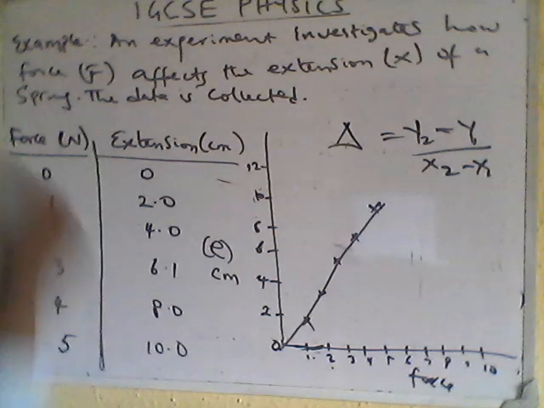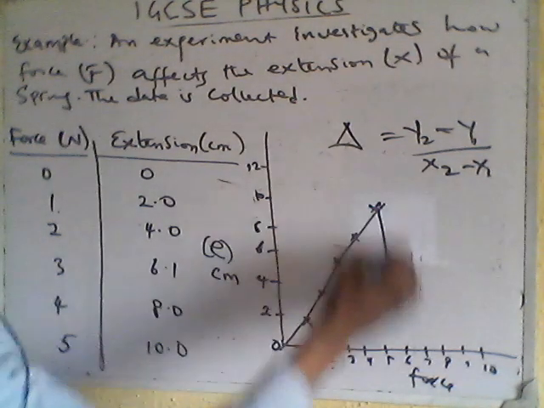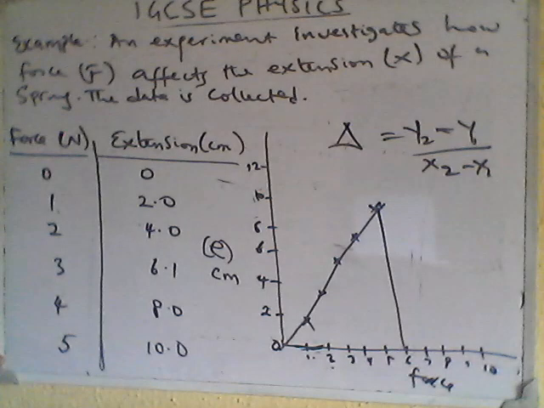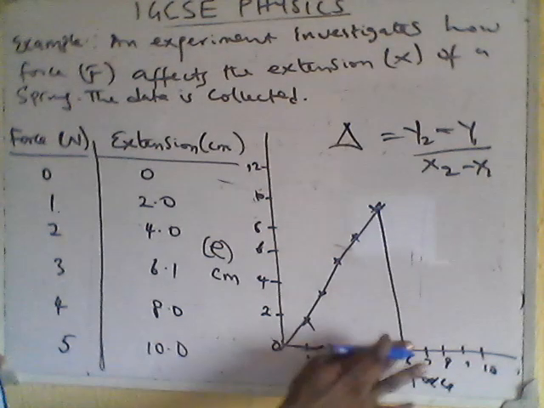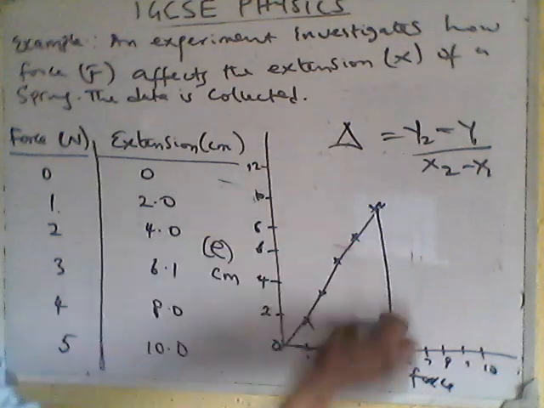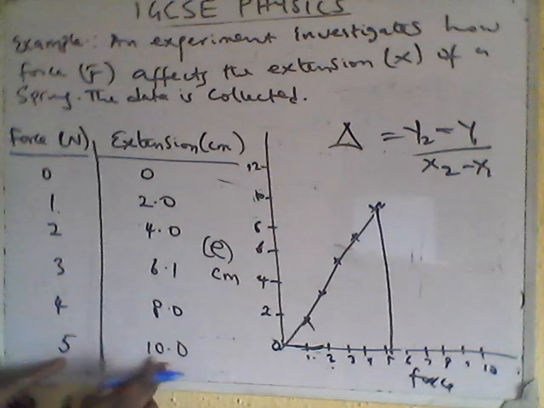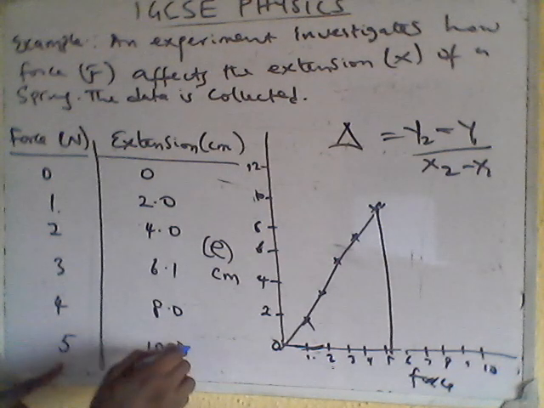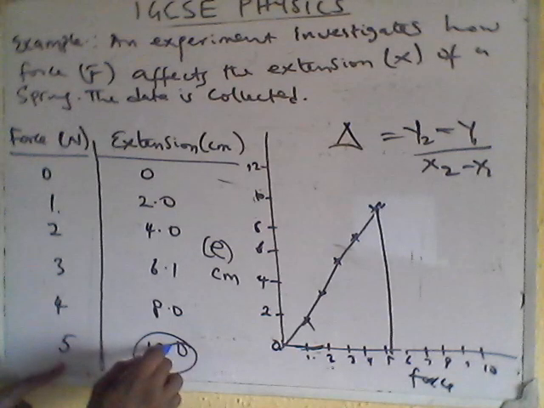For instance, if I take my gradient from this point to this point at 5, this is my x, and the extension is my y.